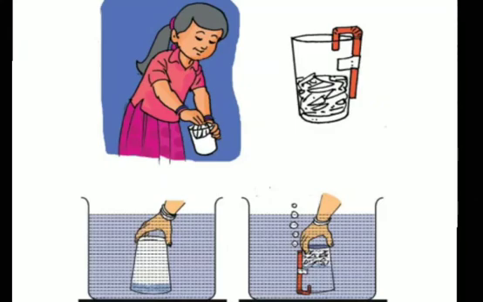In both the tumblers, fill half of the tumbler with paper bits, pieces of paper. Fix a flexible straw in one of the glass tumblers using sellotape, as shown in the figure. Now immerse both the glass tumblers upside down inside the water taken in a bucket.